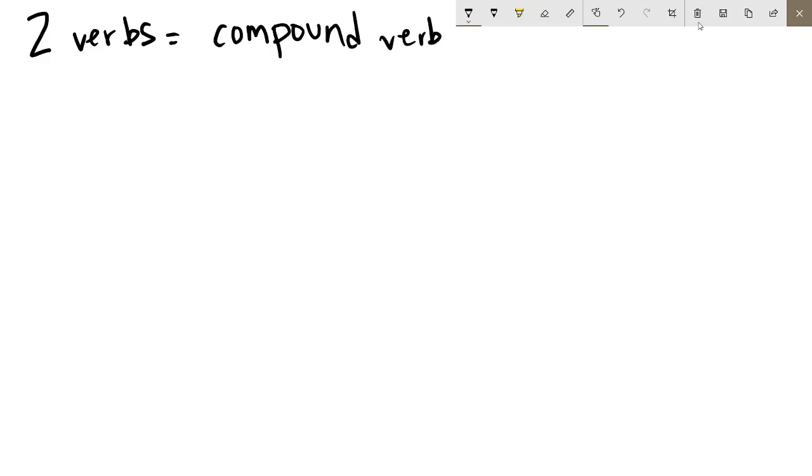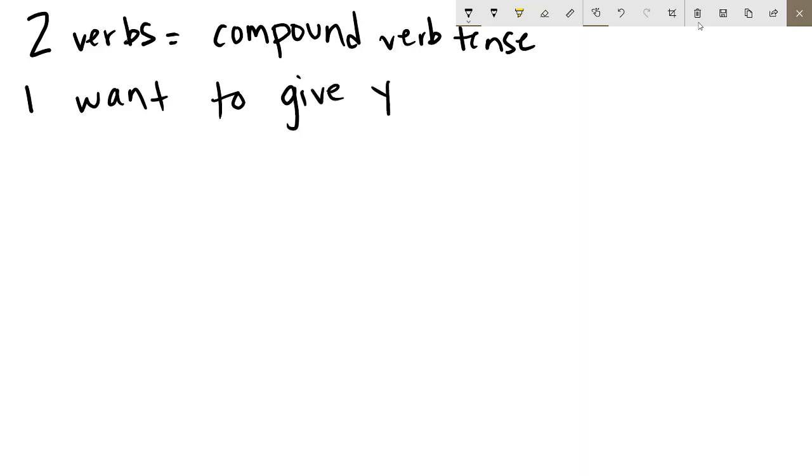But often you'll have two verbs that form kind of a compound verb tense. Right? So, one example in English would be I want to give you the drinks.